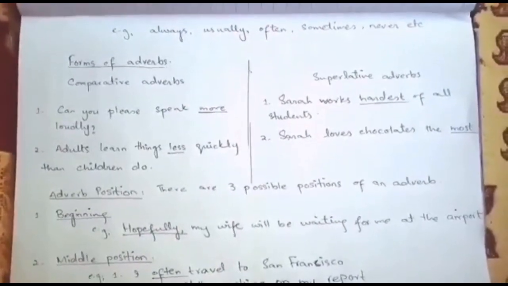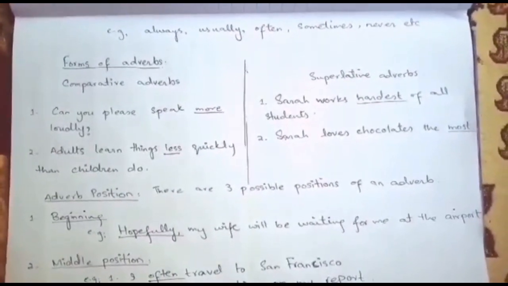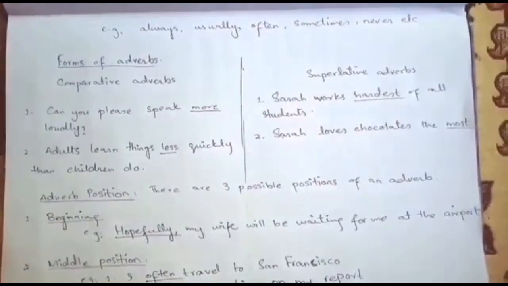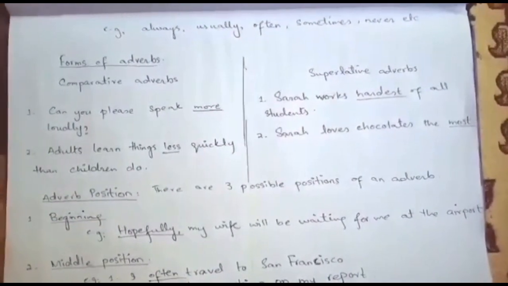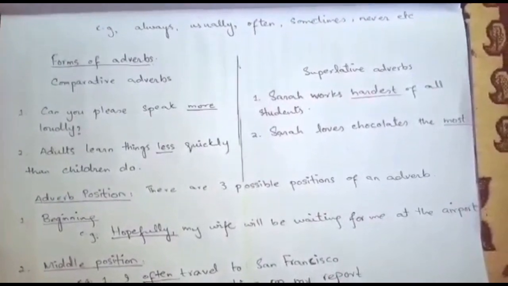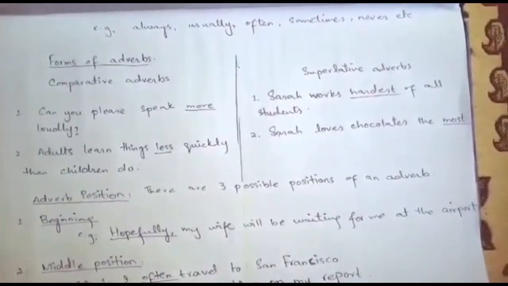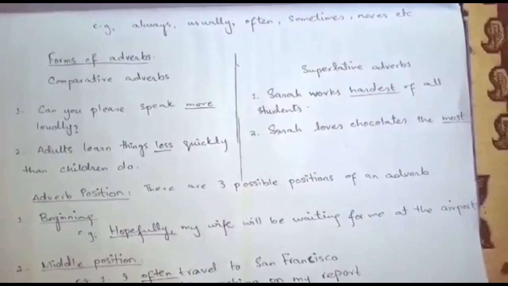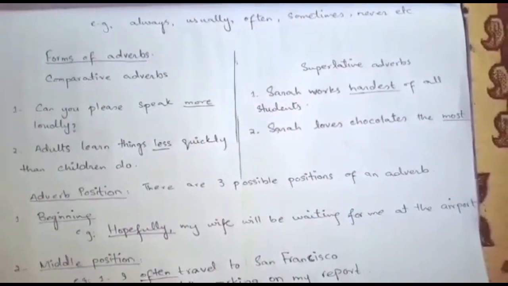Now, there are also many other types of adverbs. For instance, adverbs of opinion, linking or connecting adverbs. An adverb of opinion includes fortunately, personally, sadly. These help us to express our point of view.